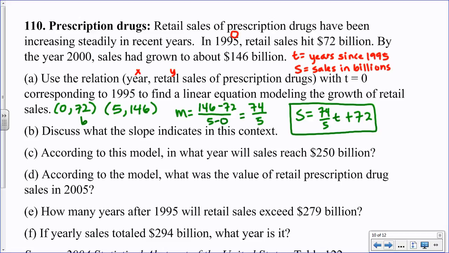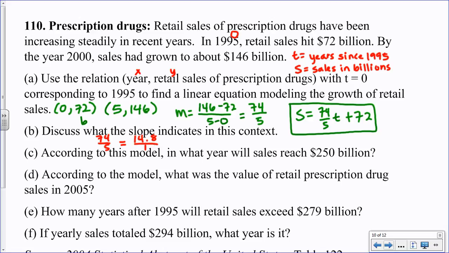Okay, describe what this slope indicates in this context. This is where we're going to take a deeper look at what 74 over 5 is. I'm going to find out what that is as a unit rate. So I'm going to divide, and that's 14.8 over 1. The reason I do that is because I'm going to look per year here.